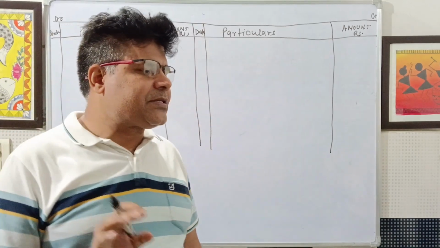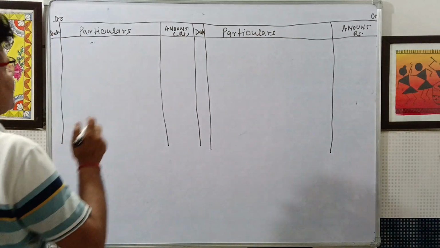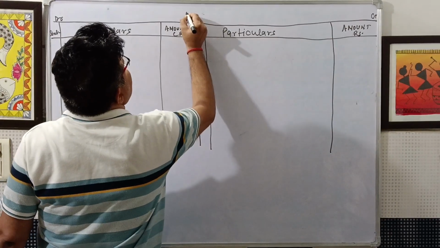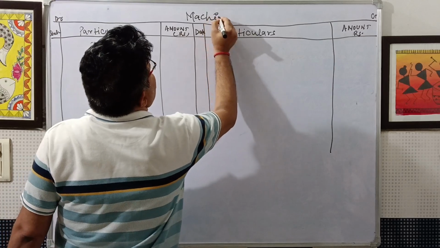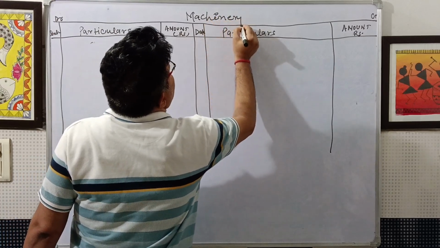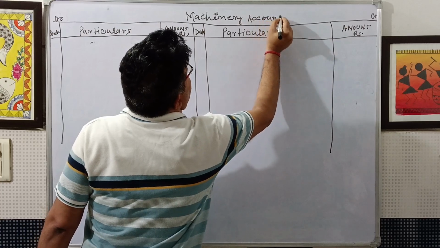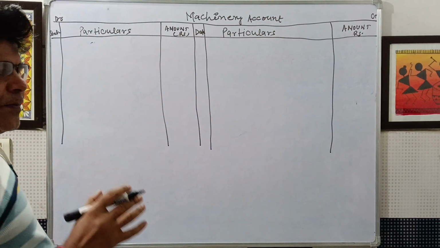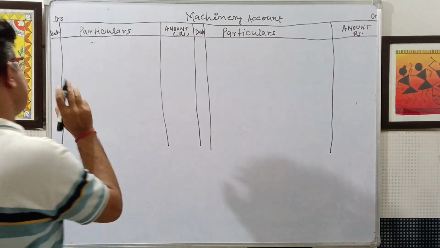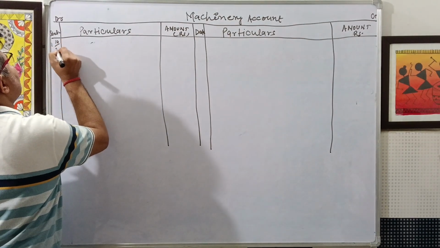So we prepare the machinery account and depreciation account for 3 years. First is the machinery account. Purchase of machinery on 1st October 2021.